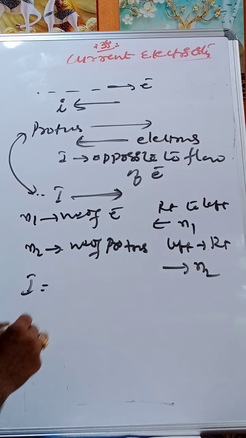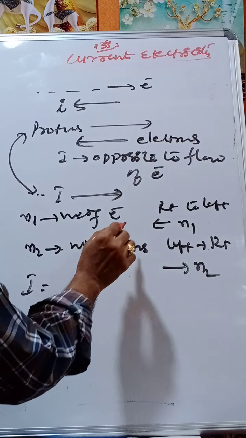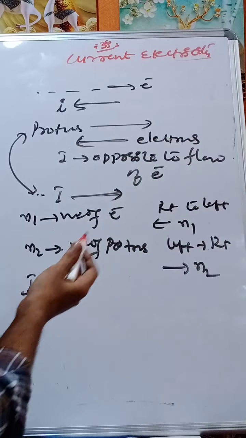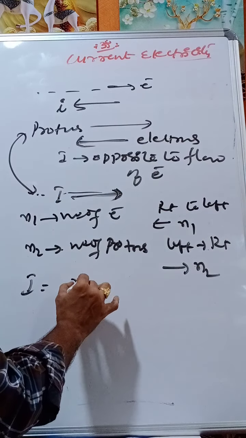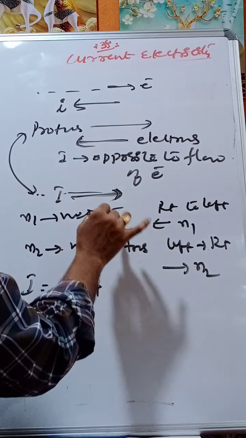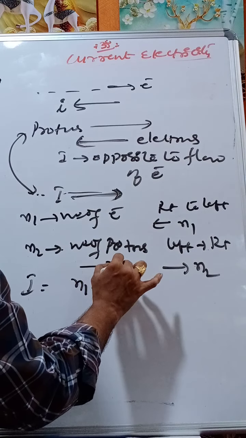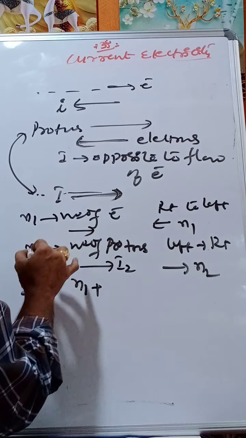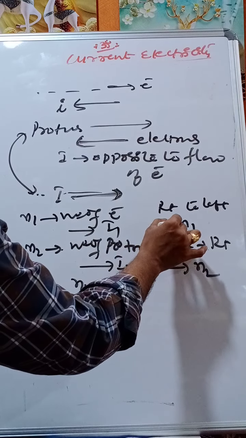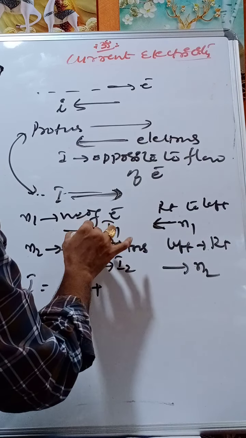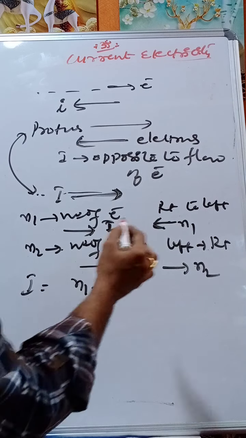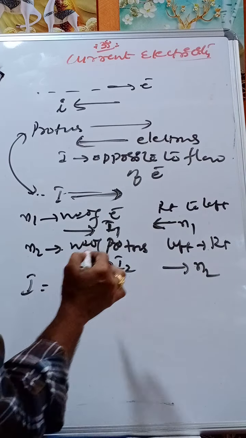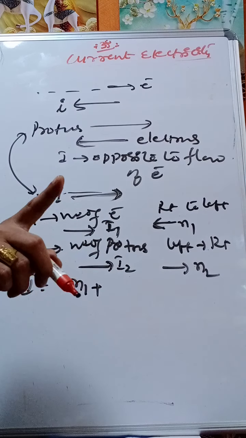The current is opposite to the direction of electrons, which means current will be flowing in the direction of protons. Therefore, n1 plus n2, because the current direction due to protons is like this, and the current direction due to electrons is like this only. For n1 electrons, I1 is the current. For n2 protons, I2 is the current. See, directions are very, very important here.